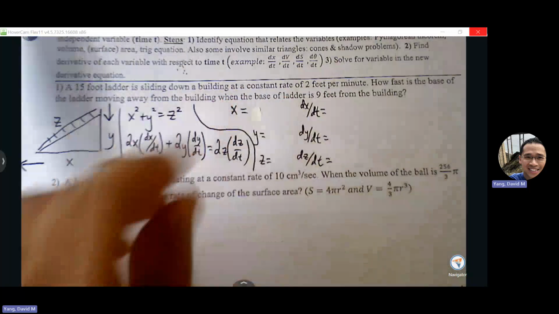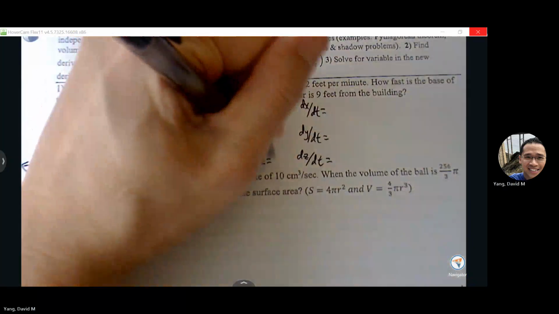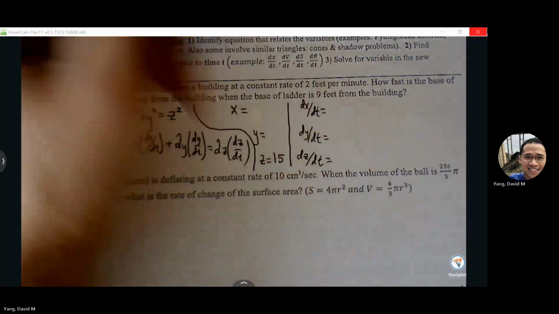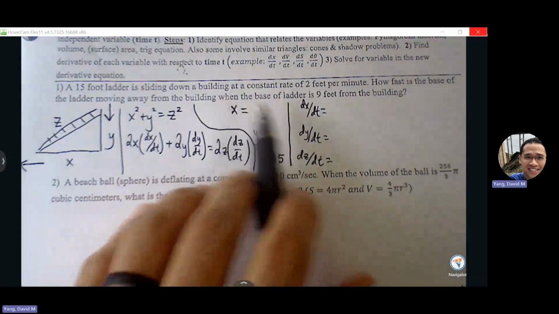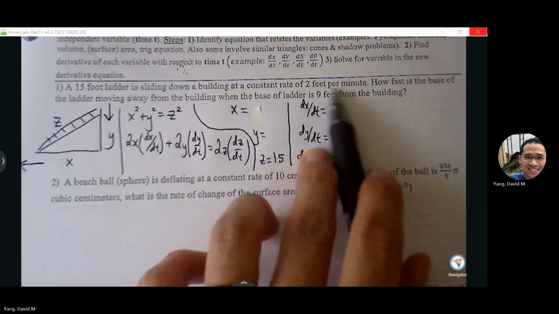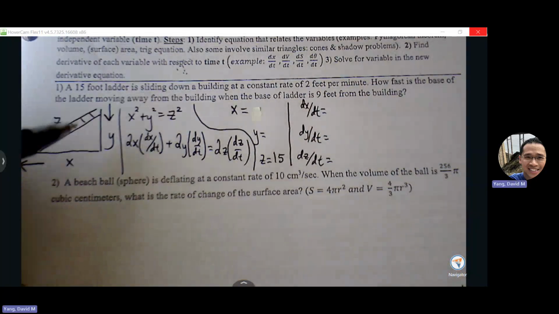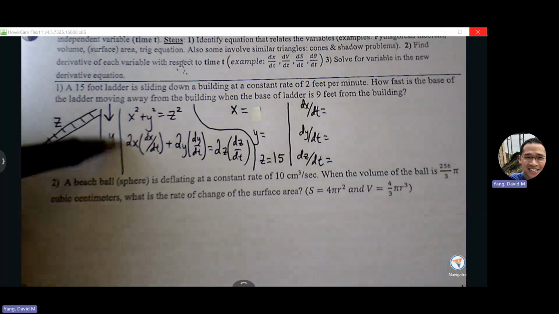Okay, so let's read the problem again. A 15-foot ladder, what is that going to be associated with? Sliding down at a constant rate of 2 feet per minute. What do you think this is going to refer to? It's sliding down, so dy/dt.